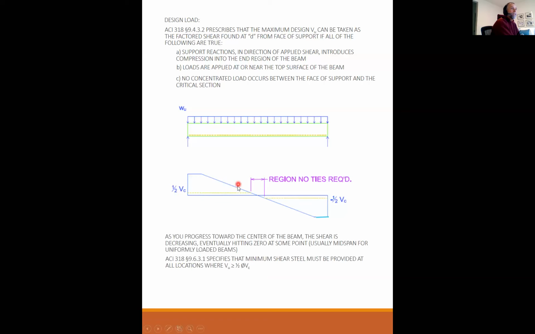As long as VU is greater than half of phi VC, the code requires that you provide at least minimum steel. If VU is less than half of phi VC, as it is right here in this region, then you could theoretically drop the ties altogether and not provide any shear steel. That's what the code says.